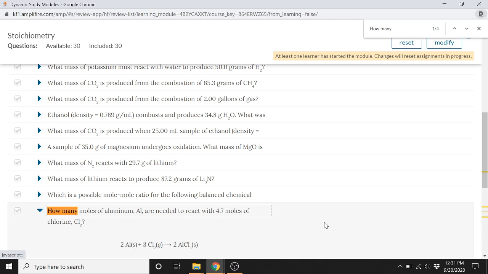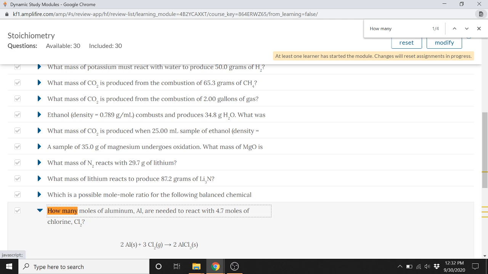It's actually a little easier because now you don't have to do as many steps: you have 4.7 moles of chlorine, so you don't have to go from grams, you're already in moles. We use our little ratio here. So if we have 3 moles of this has to react with 2 moles of that, then 4.7 moles of this. Use your units. You have 4.7 moles of Cl2.